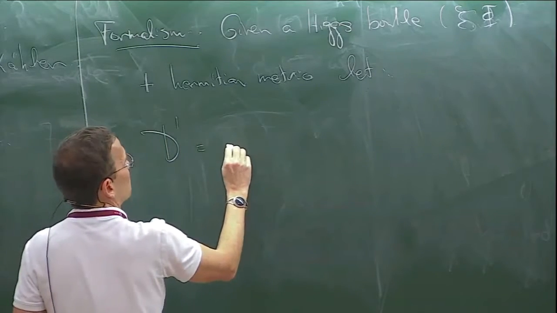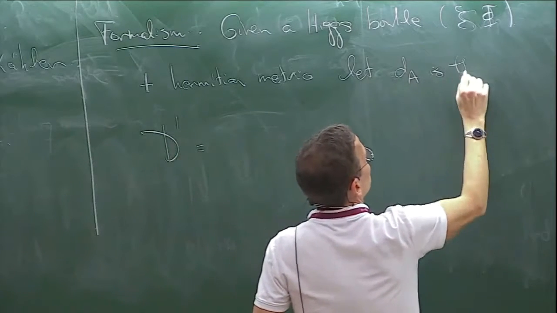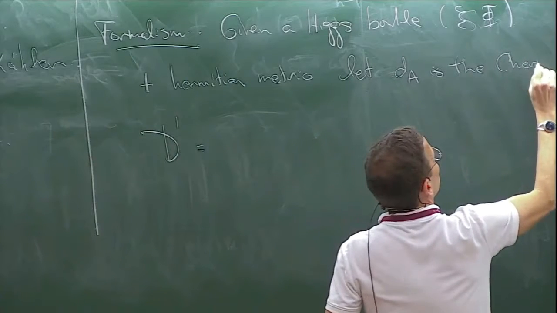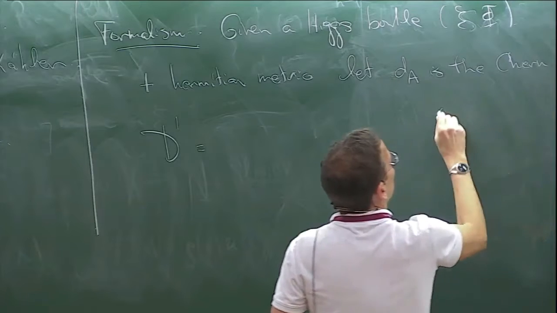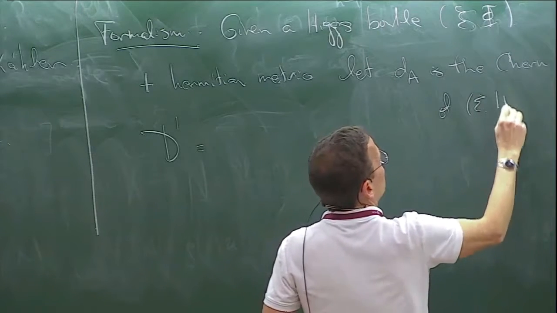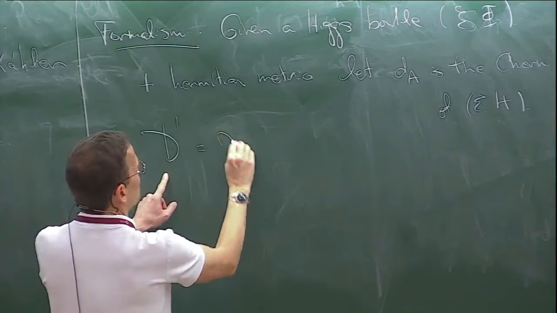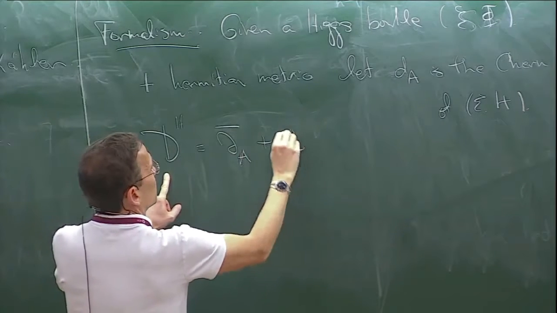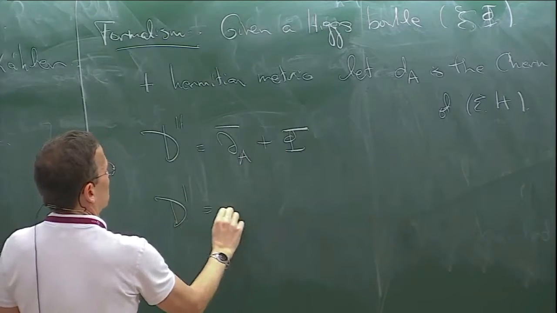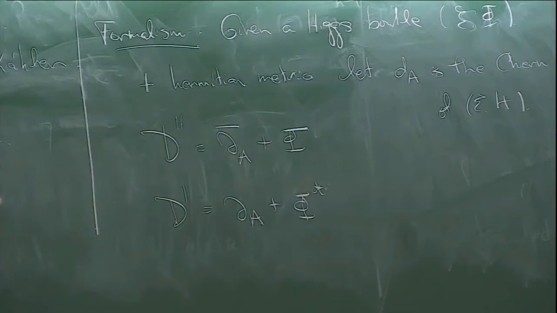So dA is the Chern connection with respect to the Hermitian metric, okay? And then I'm going to define two operators, namely I'll take the d bar operator of the bundle and add phi, and I'll do the opposite here. Okay? So note that this is kind of mixing terms.